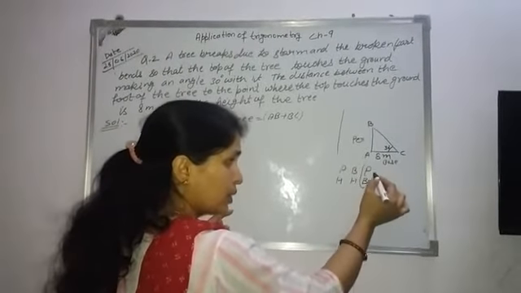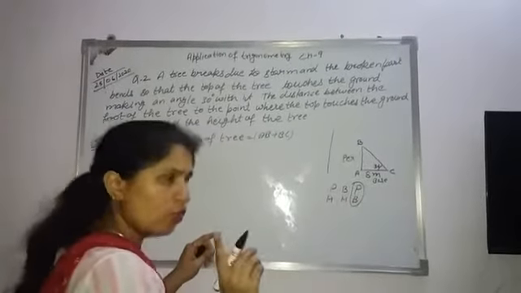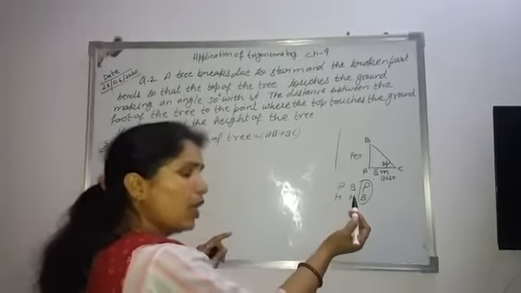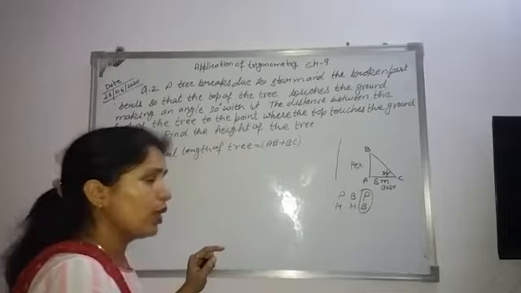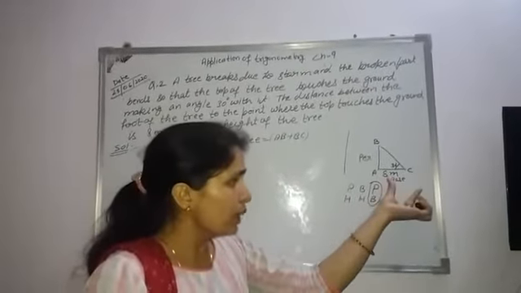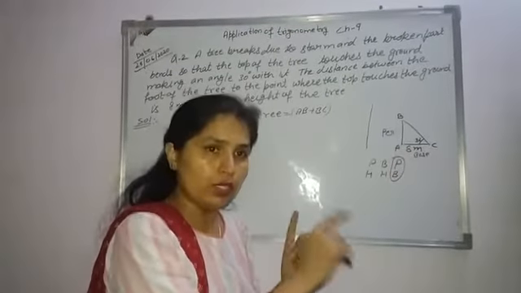If we use this third ratio, why? Because perpendicular divided by base. And if you want to use this second one, base divided by hypotenuse, 100% you can apply, it's your choice. But you have to consider the ratio in which we have the base, because the base value is given to us and only then can we find the other value.